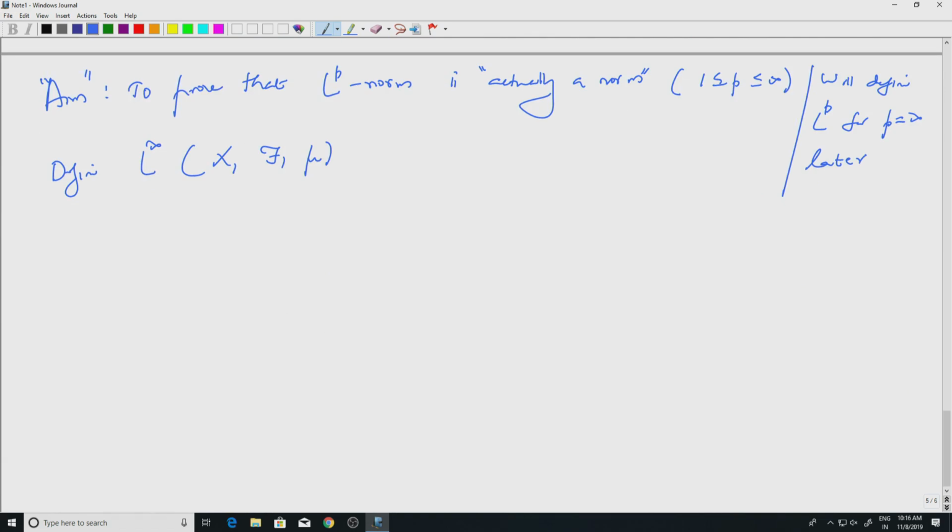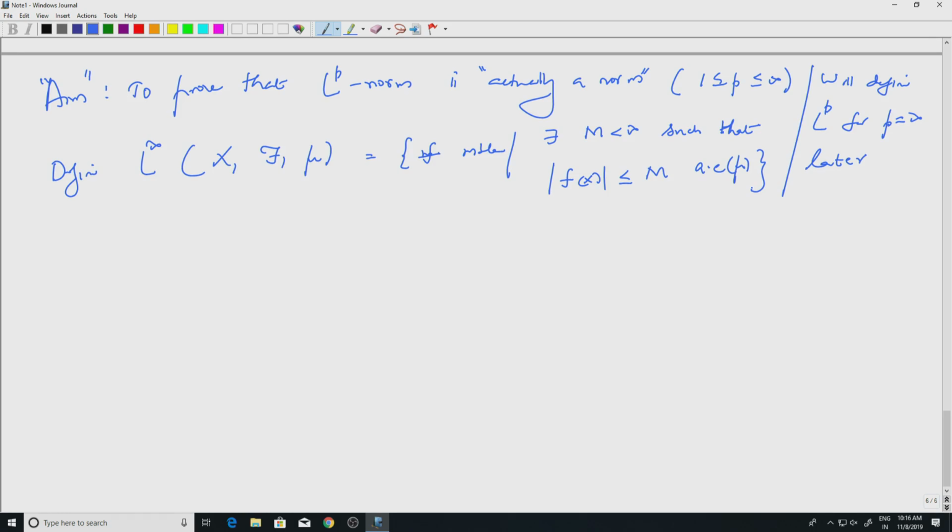Well, define L infinity to be the collection of measurable functions such that there exists some m less than infinity such that the modulus of f of x is less than or equal to m almost everywhere mu.